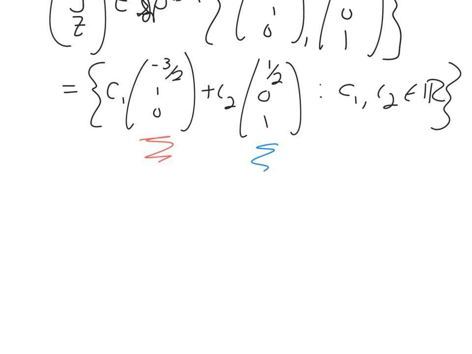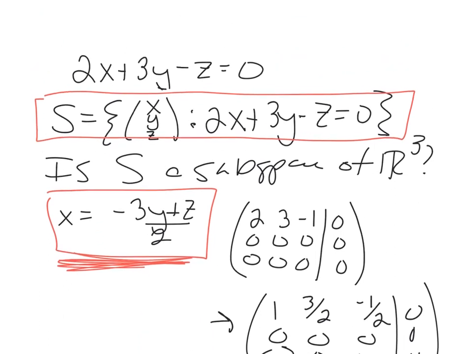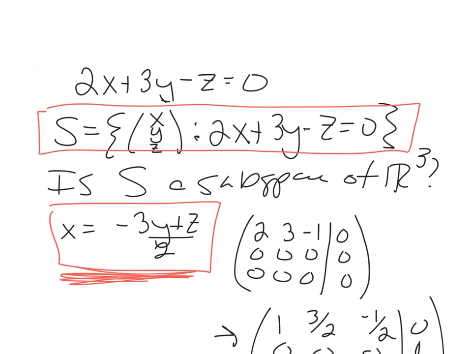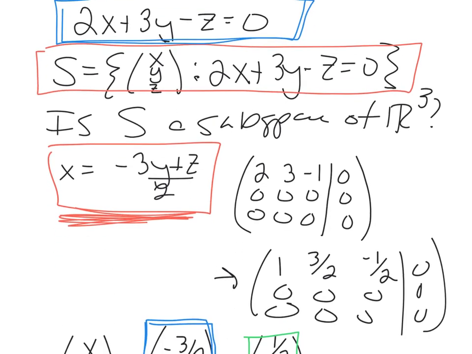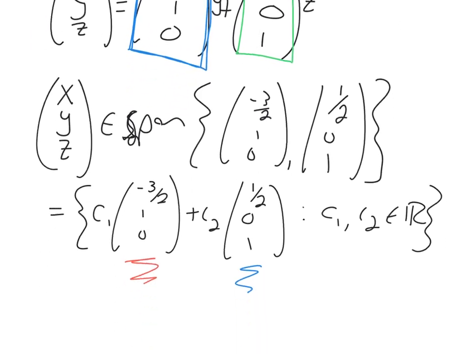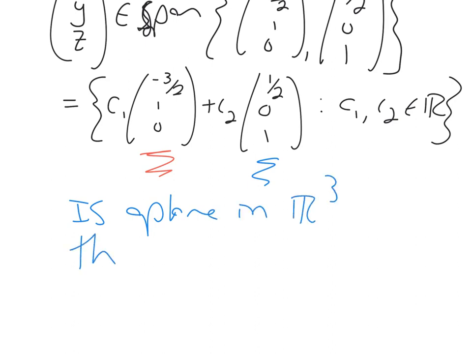And I can build all of the vectors coming all the way back up here that end up sitting on this geometric object, this plane in three-dimensional space. So if I come all the way back down again, this is a plane in R3.